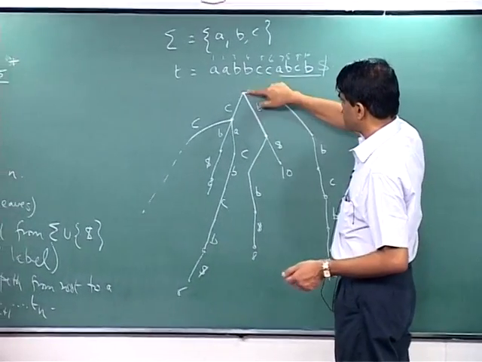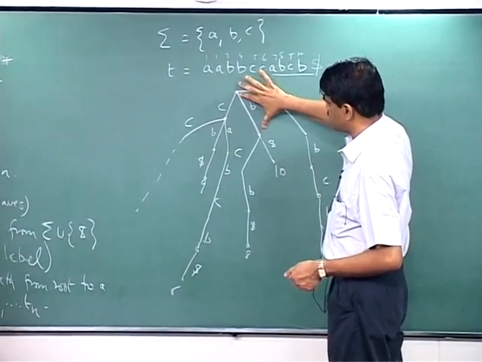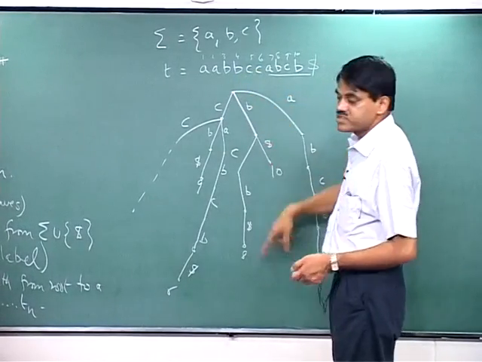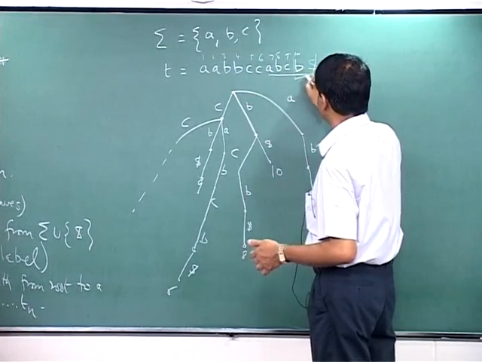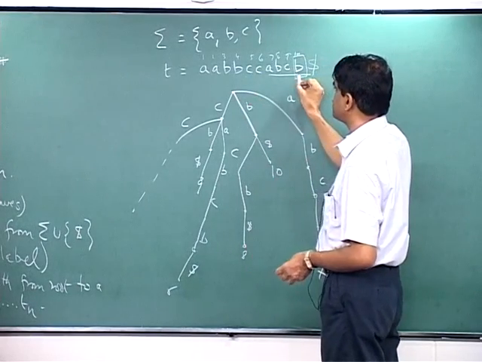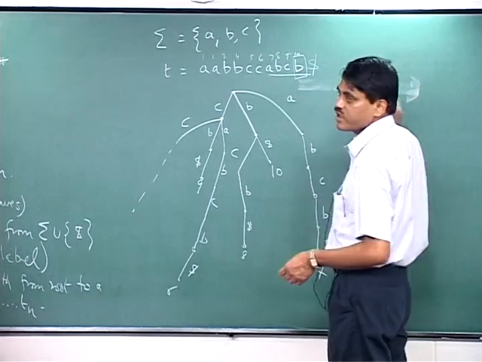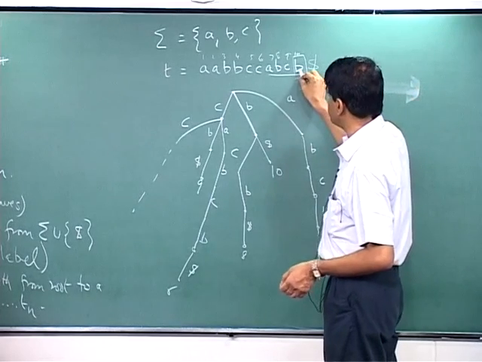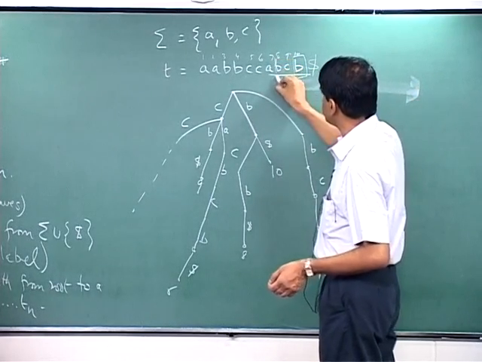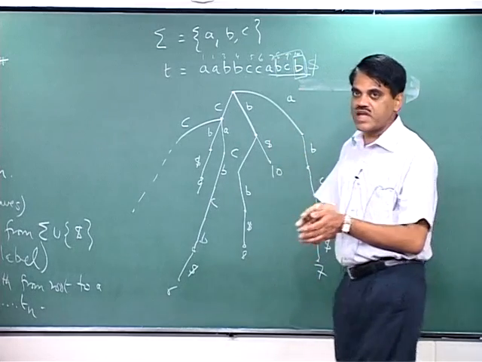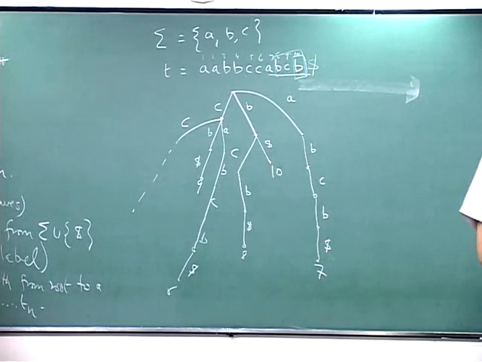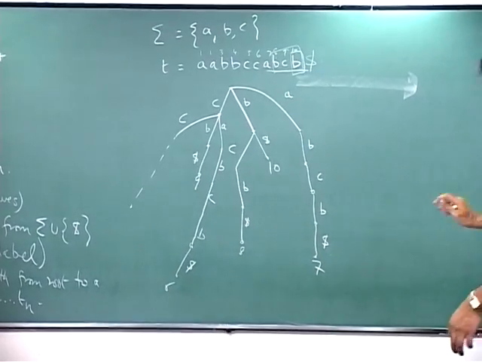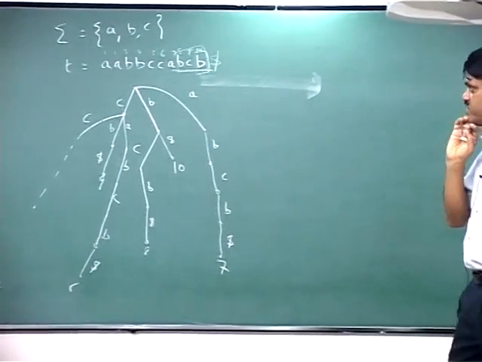Because it turns out that this suffix is also a prefix of some other suffix. A suffix is something which starts from a position and goes all the way to the end. So this suffix B also happens to be a prefix of some other suffix. That means that if I don't add this dollar symbol, then I will not have a leaf corresponding to that suffix. Okay, so that's why we have this.